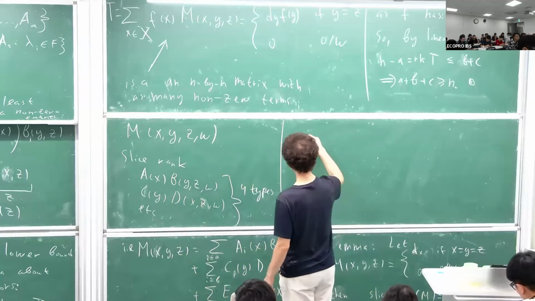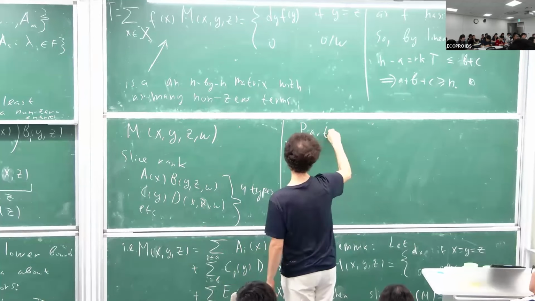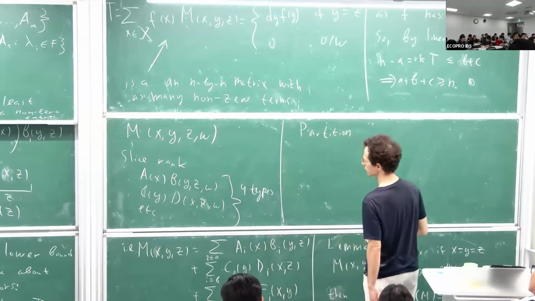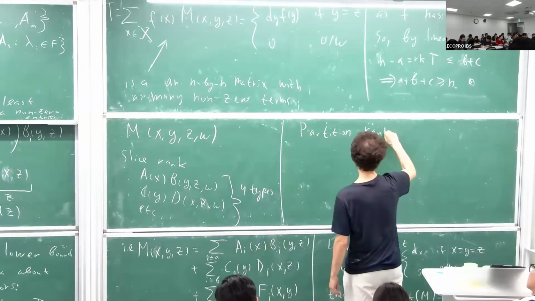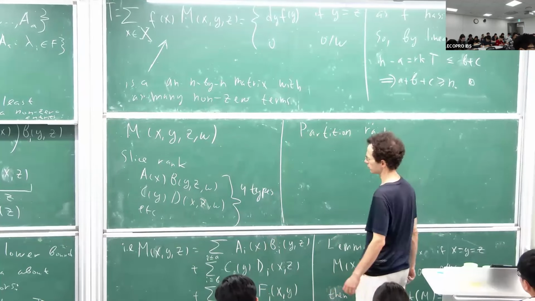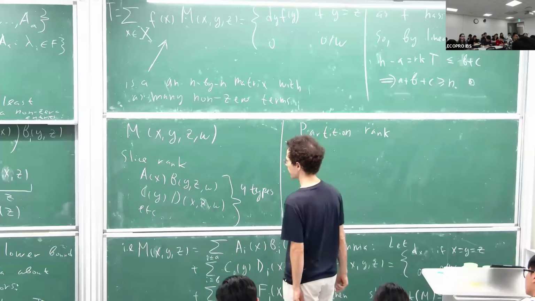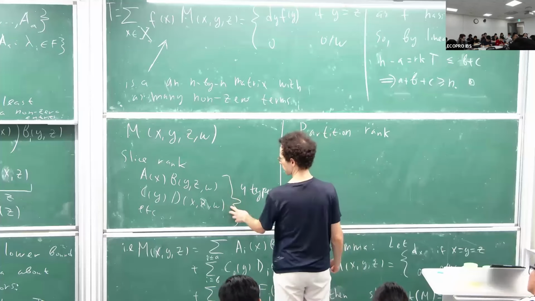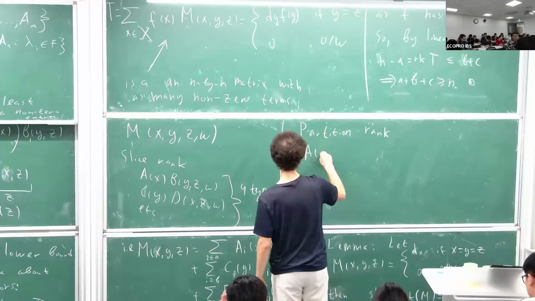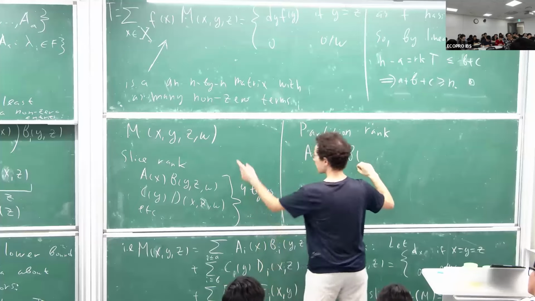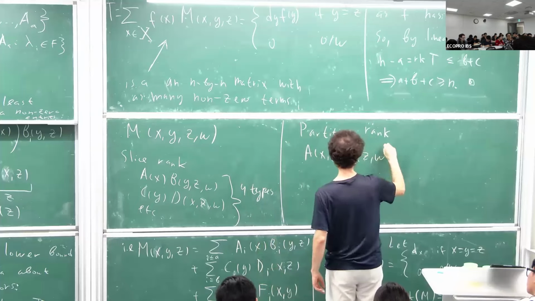There is a variation of this, the partition rank, which was introduced later, by a historical accident. In addition to looking at this expression, you also add all other ways to separate variables.